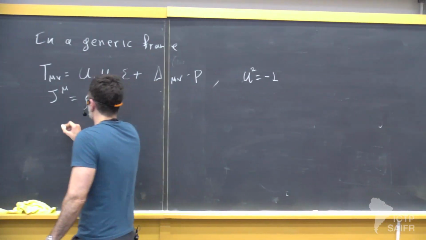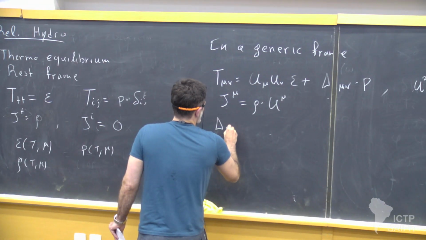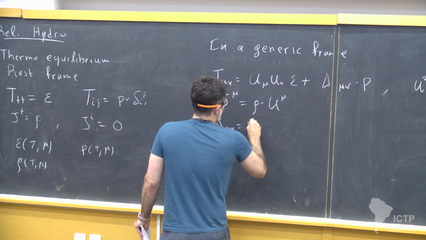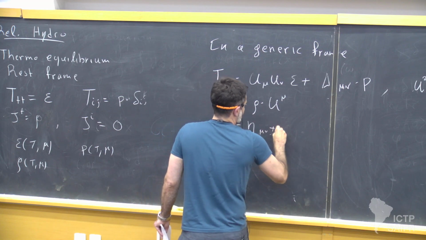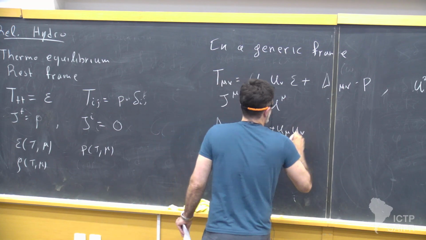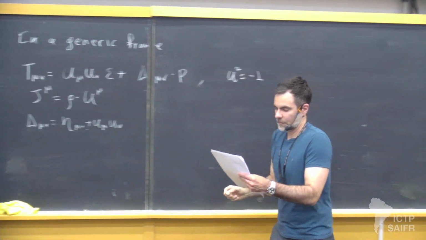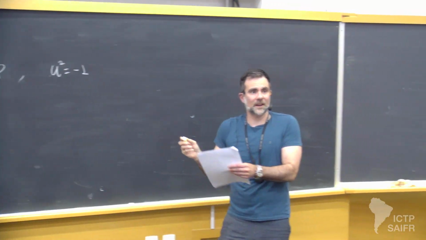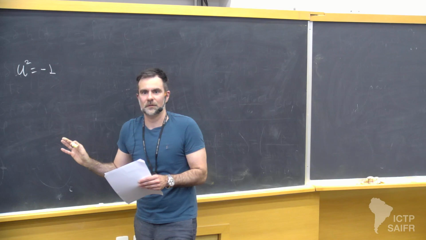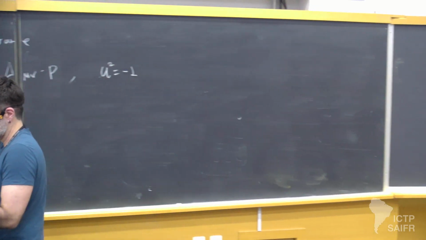And the projection operator, delta mu nu, is eta mu nu plus u mu u nu. This is still equilibrium. I haven't done anything, no dynamics yet.